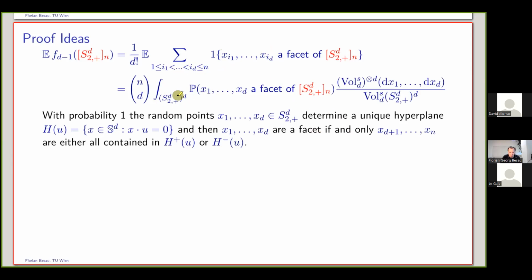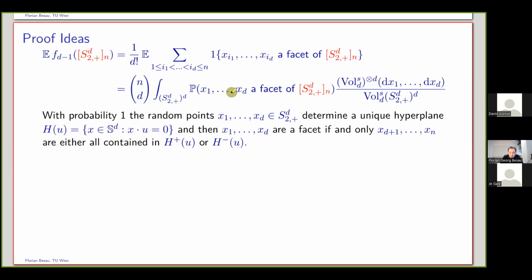and integrate over these vertices. So you integrate over x1 to xd with respect to the spherical measure, and you have n choose d cases. Okay, so with probability 1, these d vertices x1 to xd span a hyperplane, so the facet is contained in a hyperplane.